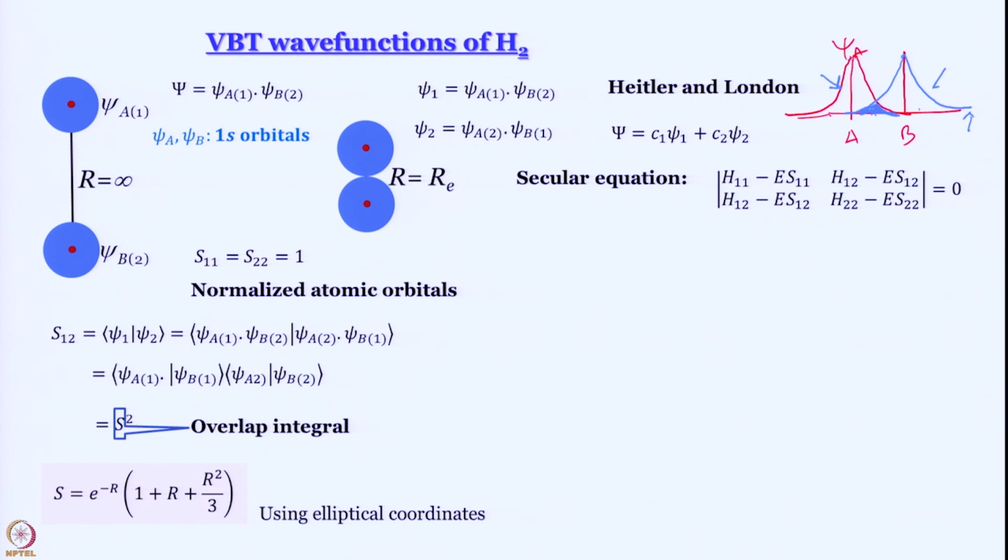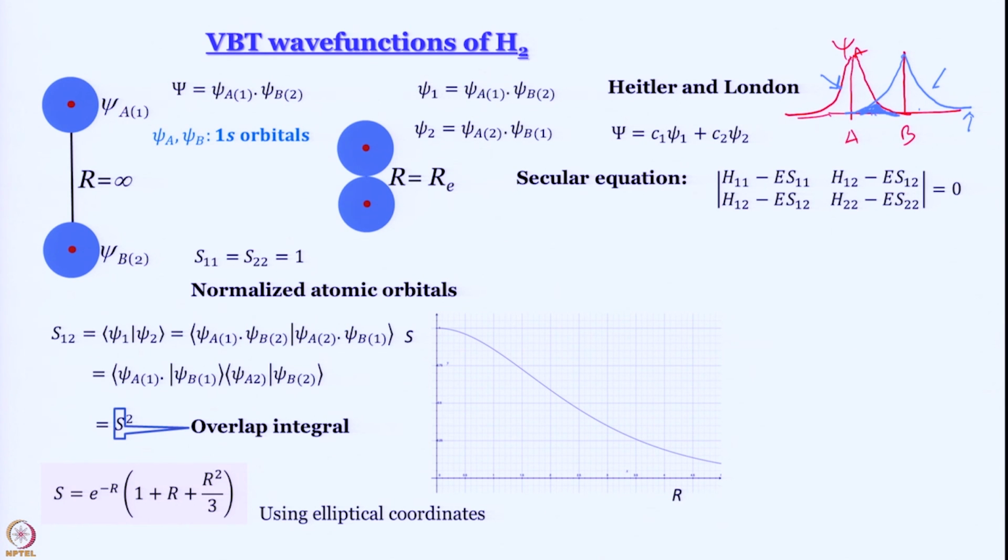You can work out an expression and the expression turns out to be an exponential decay in R, where R is the internuclear separation, multiplied by a polynomial in R. Okay. And when we plot this, this is the kind of plot that we get, and this is what we had expected qualitatively also. It becomes 0 asymptotically, but as you come closer and closer it becomes maximum. This is the variation of overlap integral as a function of internuclear separation.